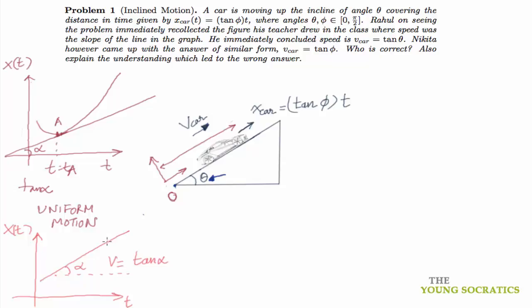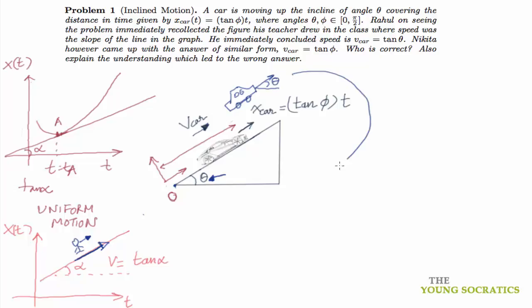Note that in this uniform motion, the x(t) versus t curve happens to be a straight line, inclined. That does not mean that the object is traveling in this direction. Vice versa, here in this case, the car is moving in the direction up the incline, which makes an angle theta.